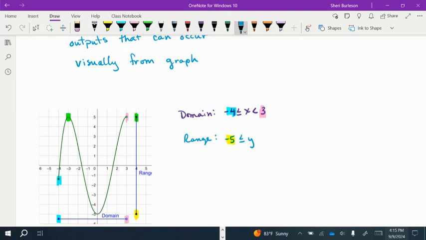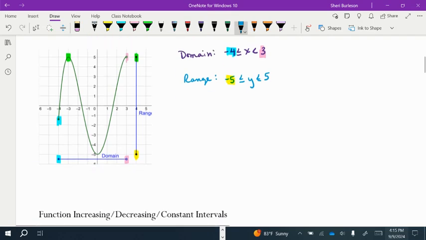So my range is going to be less than or equal to 5. All y values between -5 and +5 can occur. That's how we see the range on this, okay?